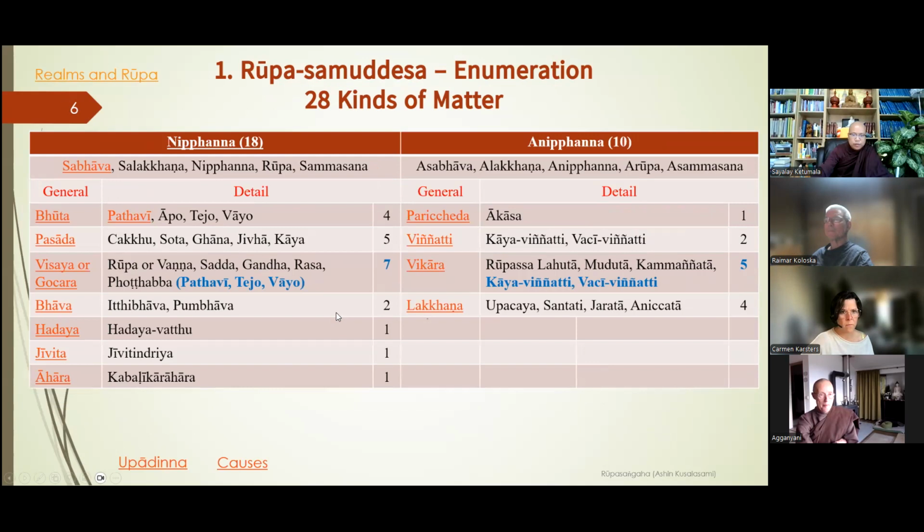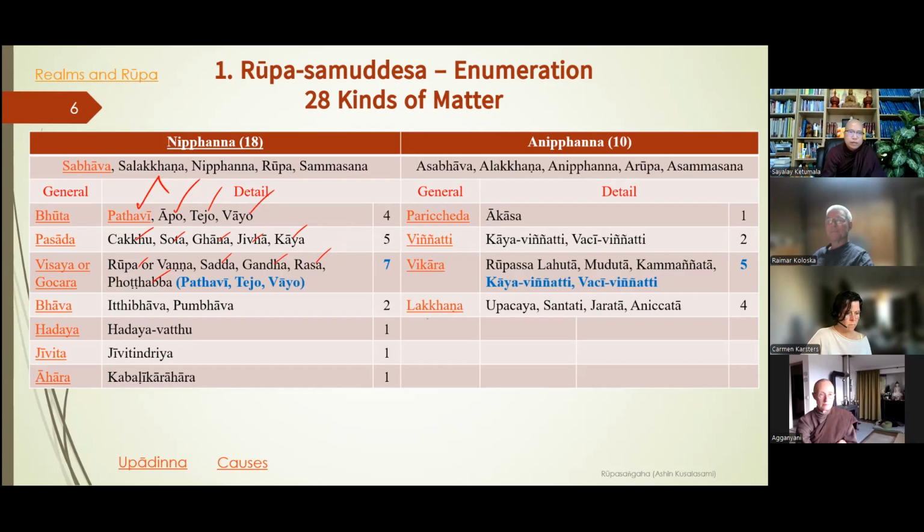For example, the heart base rūpa is obtained in the sense realms, and the four elements, pathavi, apo, tejo, vayo, in the sense realms. And the eye, ear, nose, tongue, body, rūpa, sound, smell, taste. So every one of the 28 matters is obtainable in the sense realm.